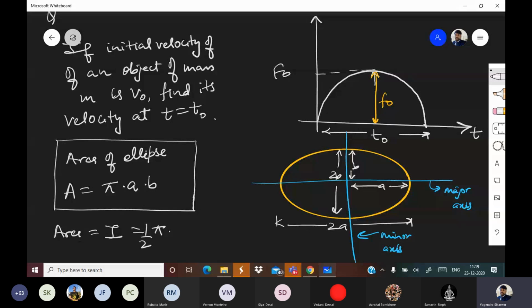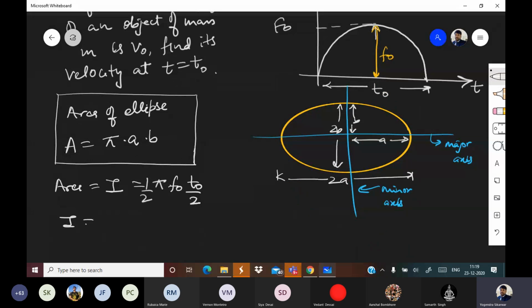So 1 by 2 into pi into A, which is F naught, into B, which is T naught by 2. So impulse comes out to be pi F naught T naught by 4.